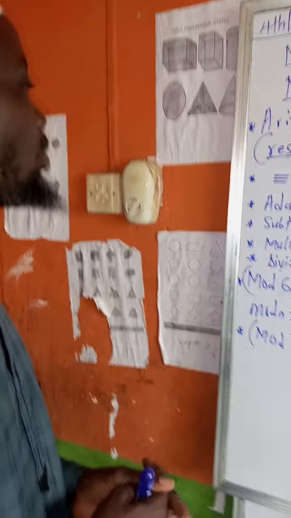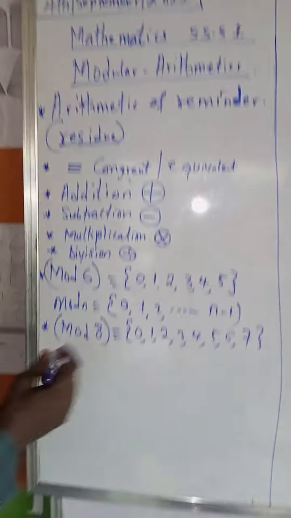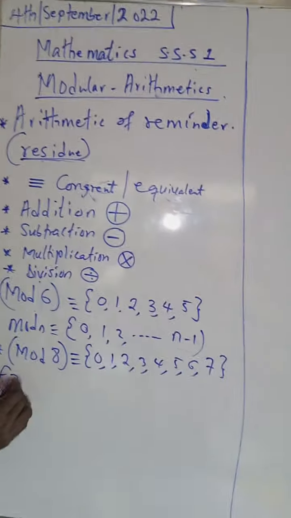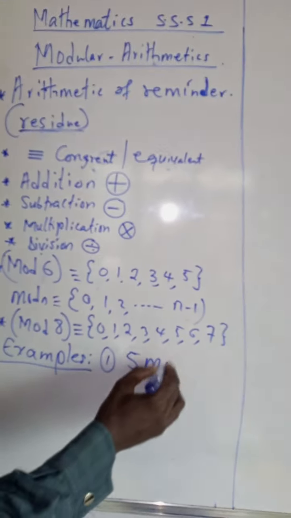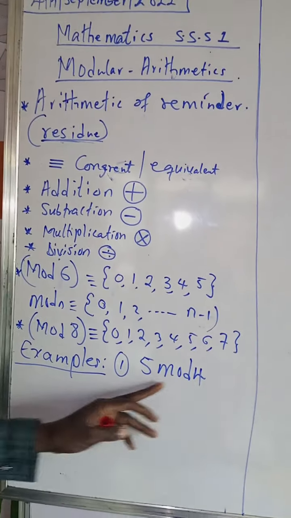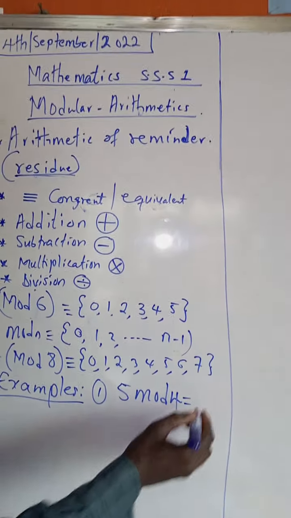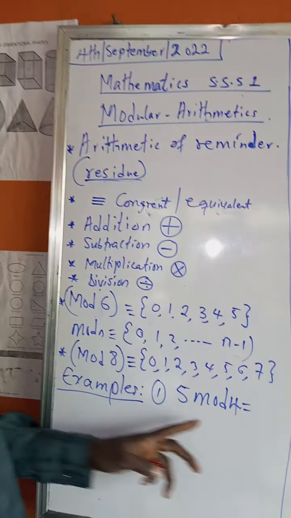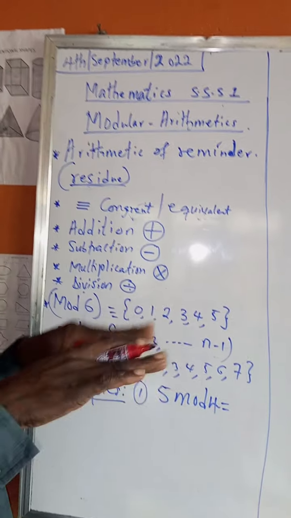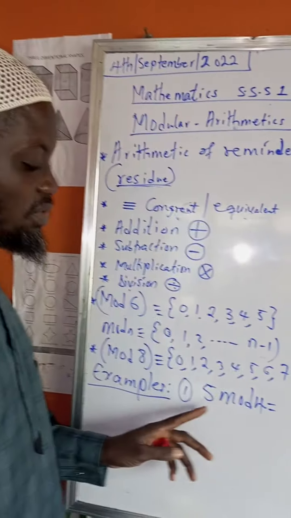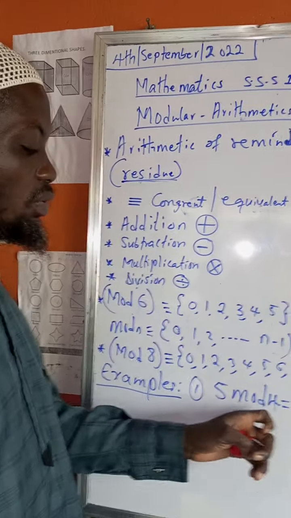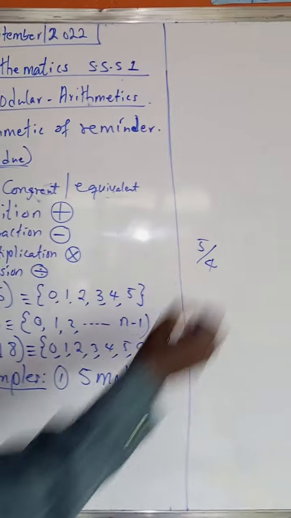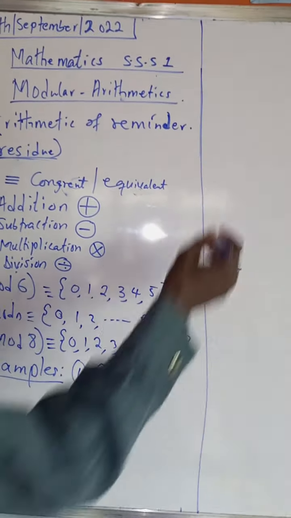Let's move further to some examples under ordinary modulo, so you see exactly what we are saying. Take for instance, someone says 5 modulo 4. 5 modulo 4 is equal to, now we use our modulus as our base. We use it to divide what we are given. So 5 divided by 4 is 1, of course.